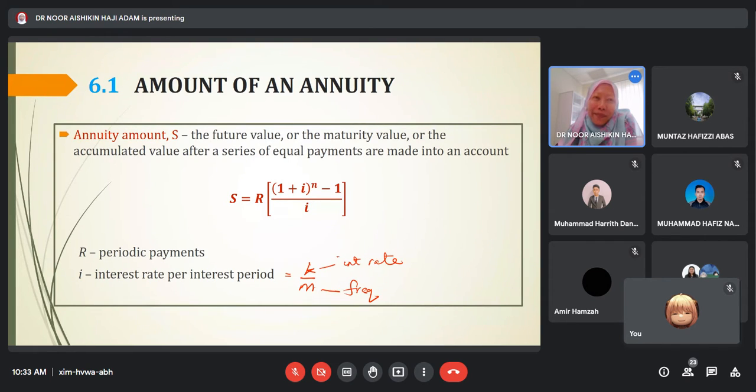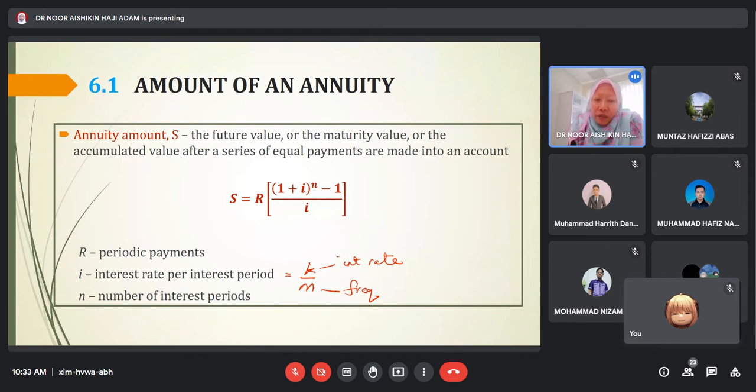M equals 6 because there are 12 months in a year. Betul? And if you're paying every 2 months, 2 times 6 equals 12, isn't it? Or 12 over 2 equals 6, isn't it? So M equals 6 in that case. Frequency, yeah?